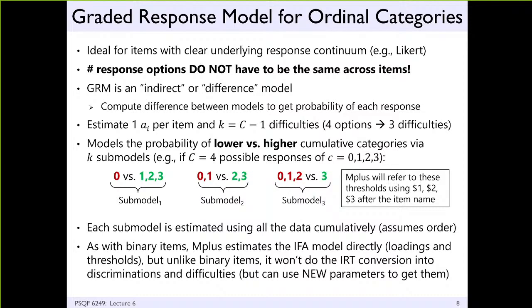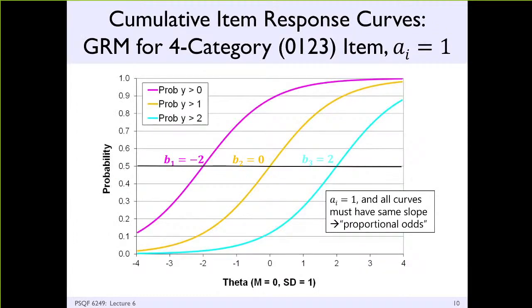So this is a plot that shows the item characteristic curves for each of the red versus green submodels. So for instance, if I have a common A for this item, so this is one item that has 3 submodels because there's 4 responses, so this item's A is a 1.